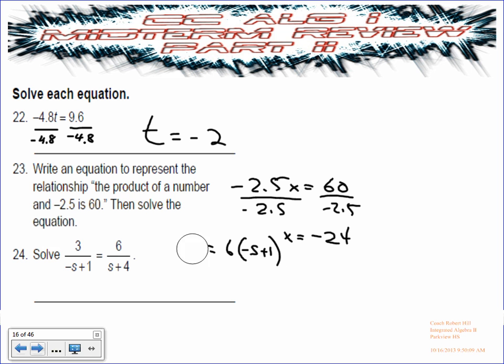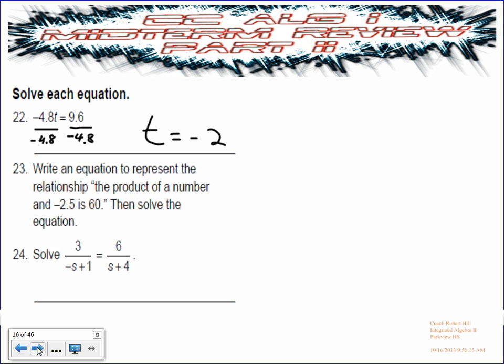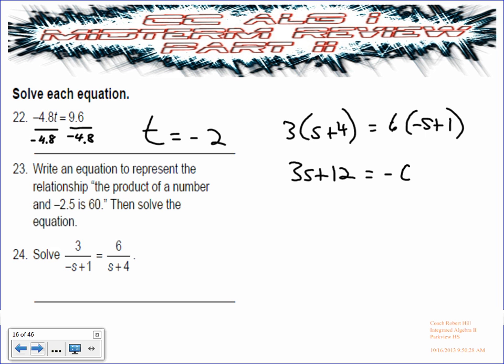Okay, I'm going to do this because I'm going to need a little more space in this problem. So 3 times s plus 4 is going to end up being 3s plus 12. 6 times negative s plus 1 ends up being negative 6s plus 6.